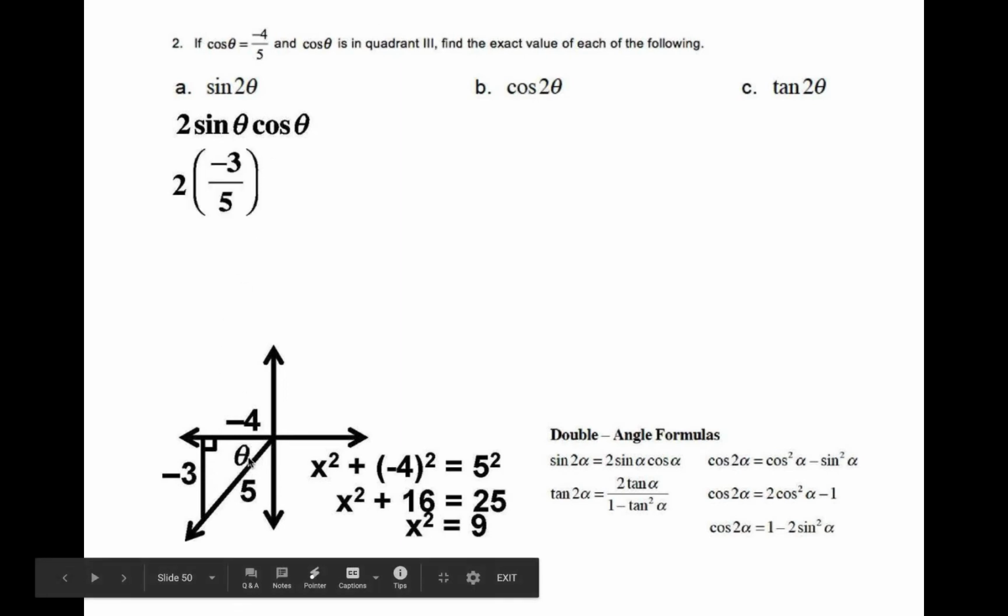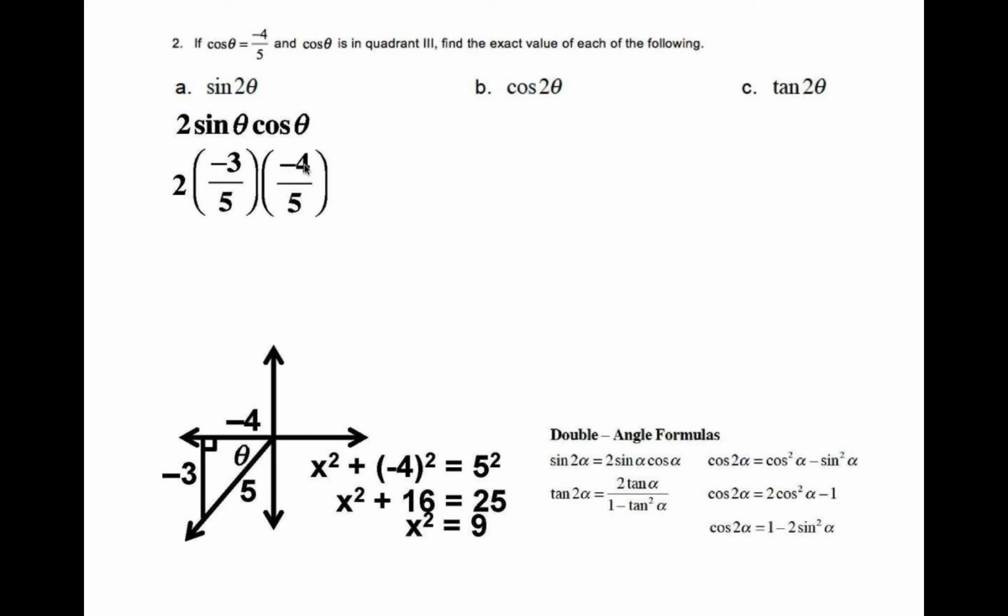Your cosine ratio is A over H, so that's negative 4 over 5. Notice they gave us that one. What do you get when you multiply that? Okay, a negative times a negative is positive. So 2 times 3 times 4, that should give you 24 over 1 times 5 times 5, which is 25.